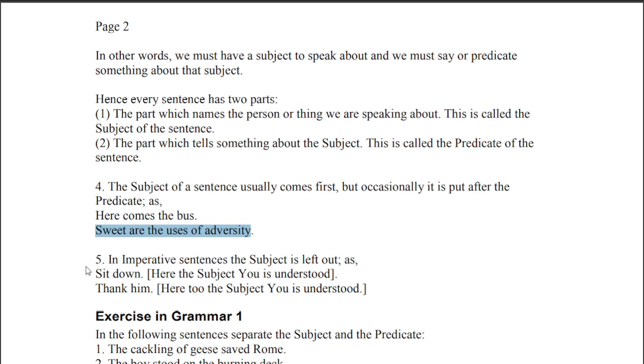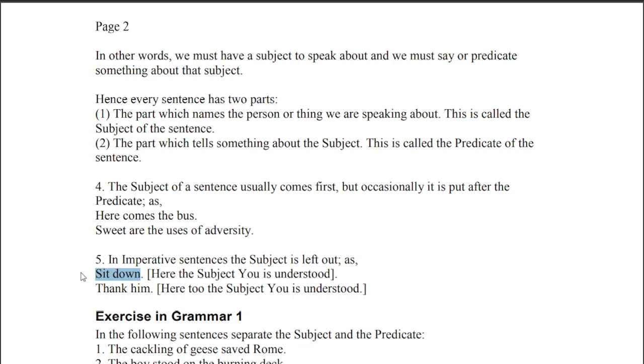Now, subject and predicate also exist in imperative sentences, like "Sit down." But we see that there is no subject here. Actually, the subject has been left out, since it is understood that "you" is the subject.